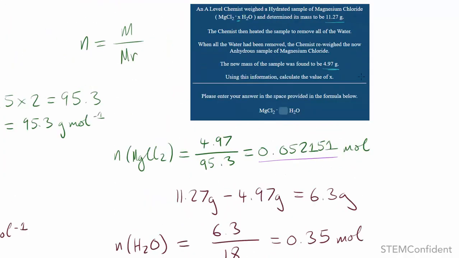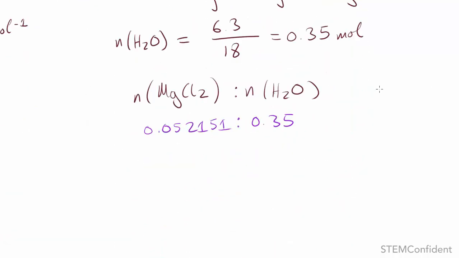And remember the question again, what x is really trying to answer is, if we have 1 mole of MgCl₂, how many moles of H₂O are we going to have? But to truly address that question, we want to get the moles of MgCl₂ to be 1, right? The way to do that in this particular case would be to divide it by itself. So if we divide this by itself, we're going to get 1, right?